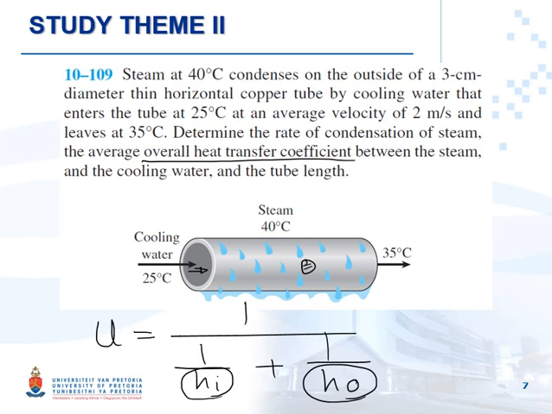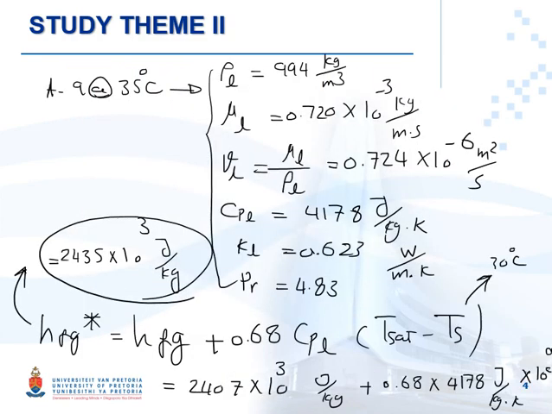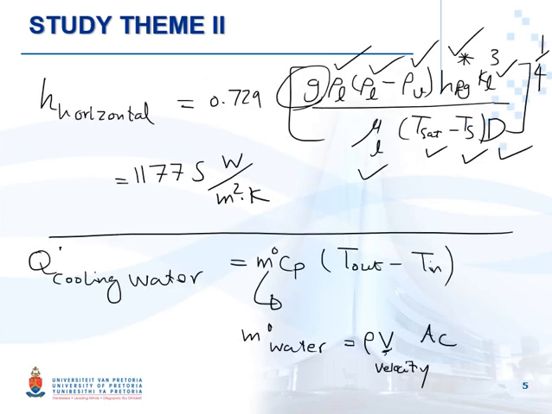It clearly shows that the outside heat transfer coefficient is the condensation heat transfer coefficient, and inside is the average heat transfer coefficient for flow inside the tube. So now, thank God, we didn't lose any time, so we already did the calculations, but we had to do it in the second step, not the first step. Otherwise we would have lost lots of time if the question was just asking the rate of condensation.